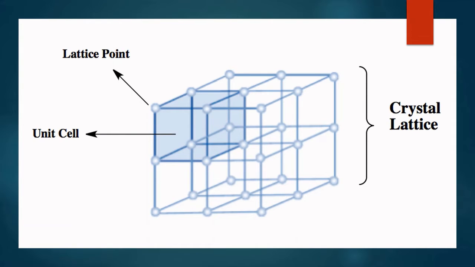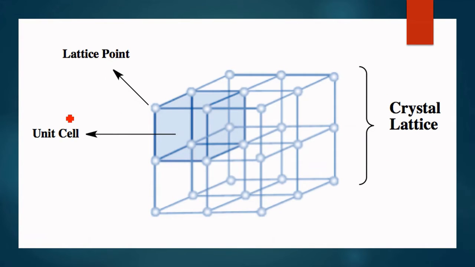This is the picture of unit cell and arrangement of unit cell. What we get is a crystal lattice. This I have discussed in previous lecture also. Unit cell is that smallest portion of entire crystal which is evenly propagated in all direction to make an entire crystal.